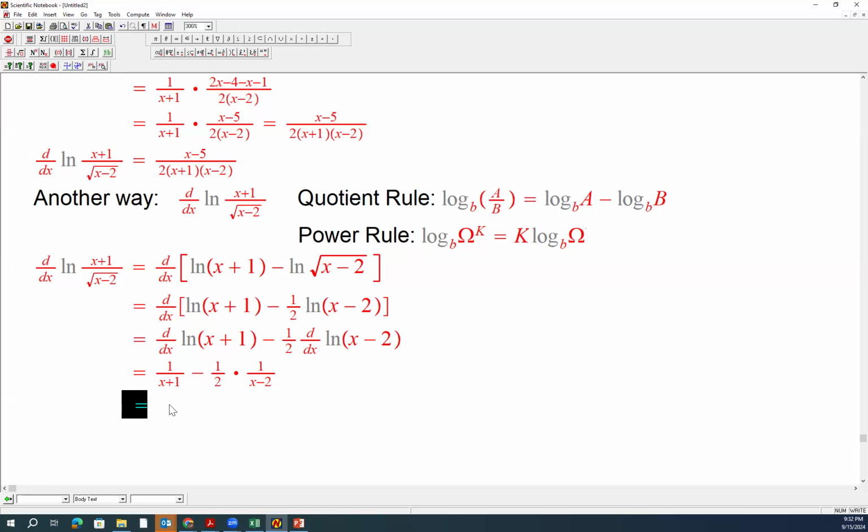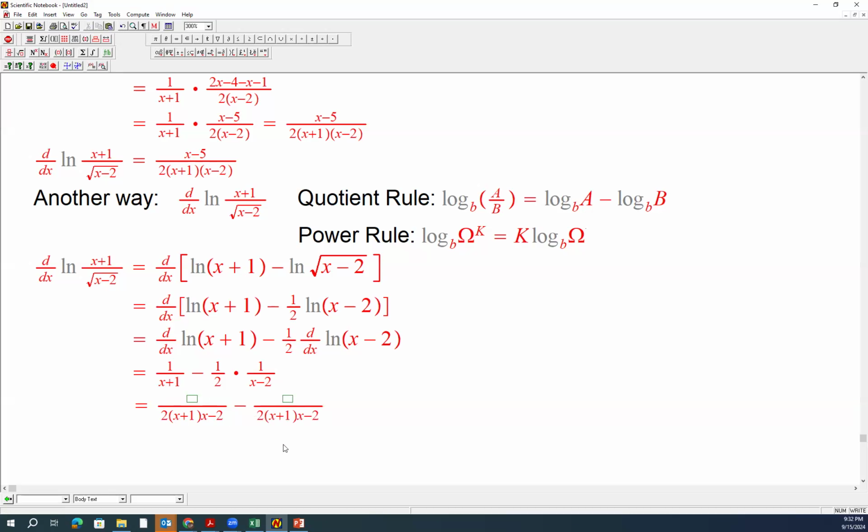Let's do it. So the common denominator obviously is going to be 2 times (x plus 1) times (x minus 2). That's our common denominator.